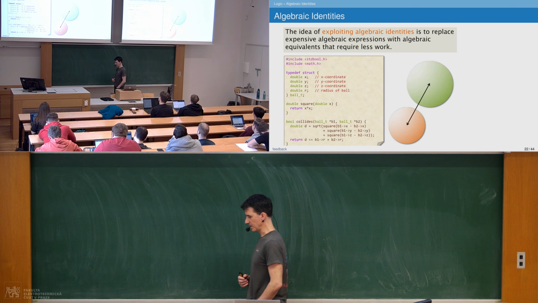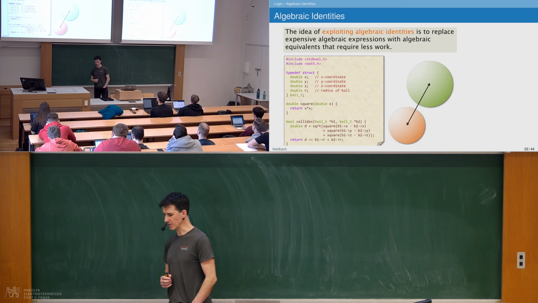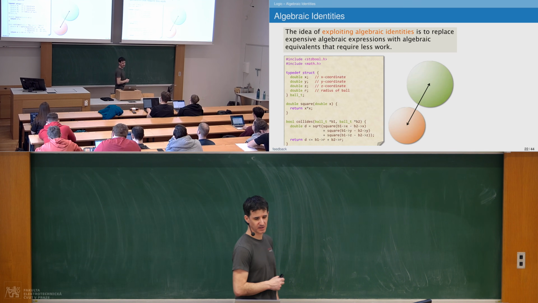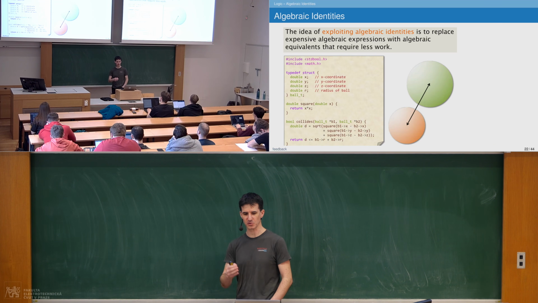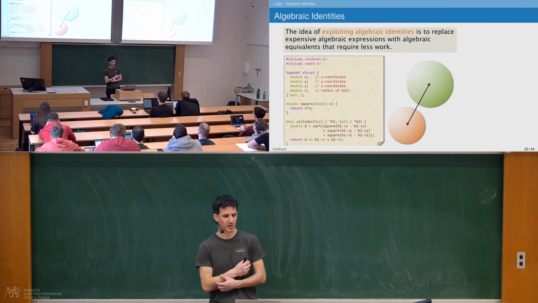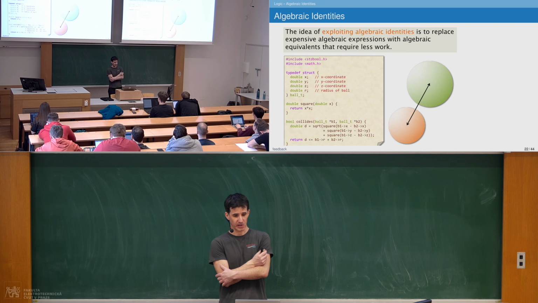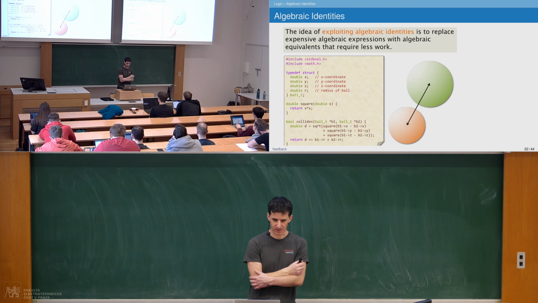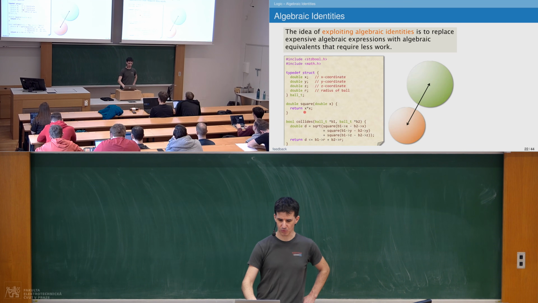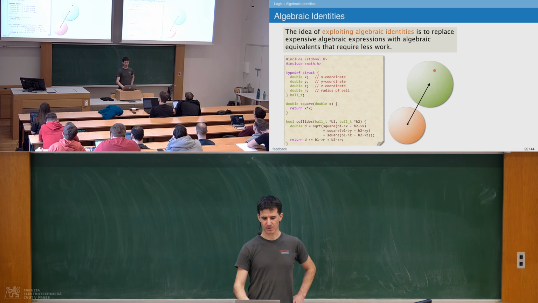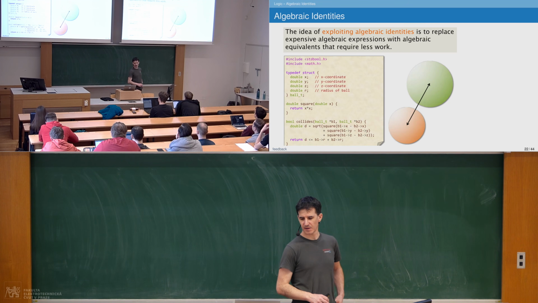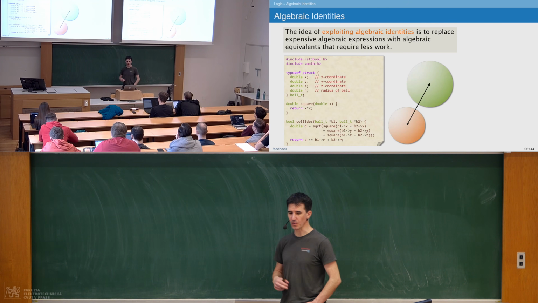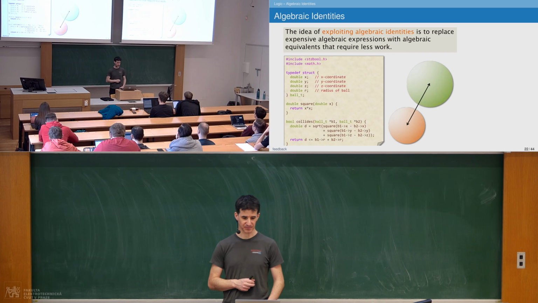Another useful way to speed up your program, and this also might be something which you might benefit from in today's homework, is to use algebraic identities. So here the goal is to check, you have two balls given by their center coordinate and radius, and the goal here is to check whether two balls overlap or collide with each other.